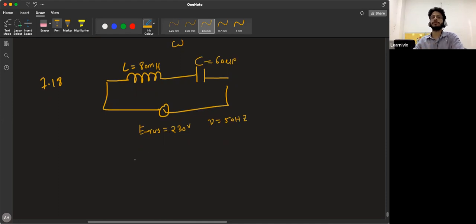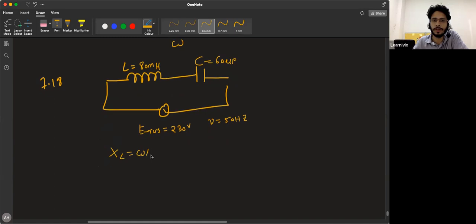So this is an LC circuit. First of all, let's calculate the impedance. Impedance is XL minus XC or XC minus XL. To decide which, first calculate the value of XL.